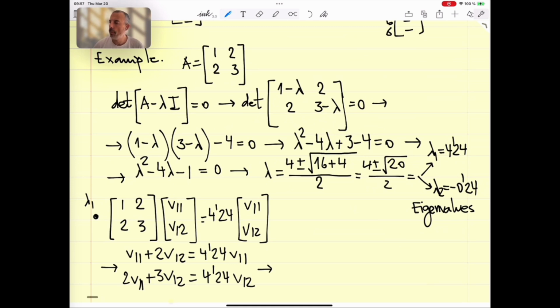We multiply the first one by minus 2. So we have minus 2V11 minus 4V12 equals minus 8.48 V11.